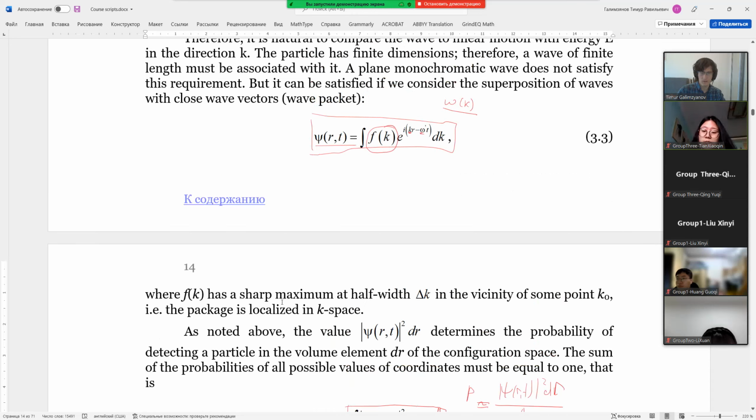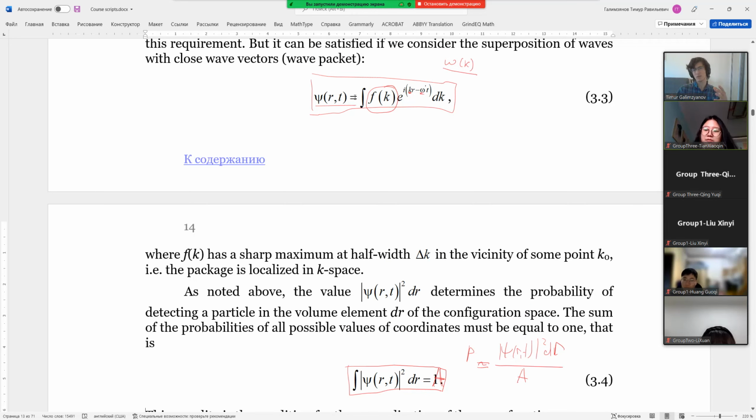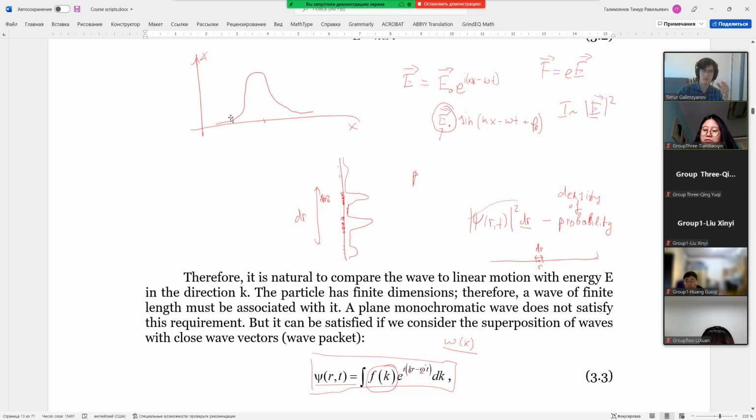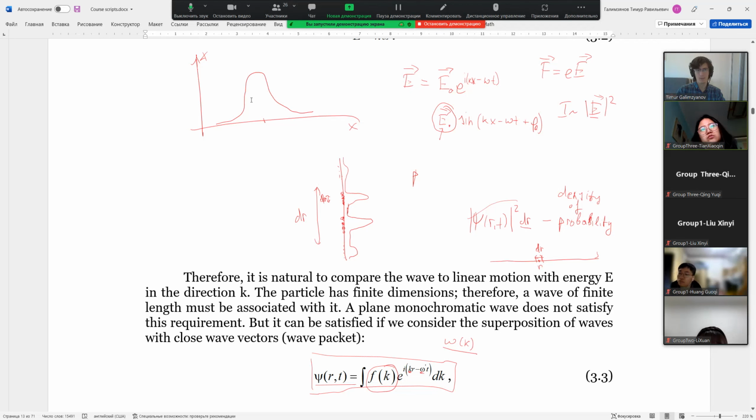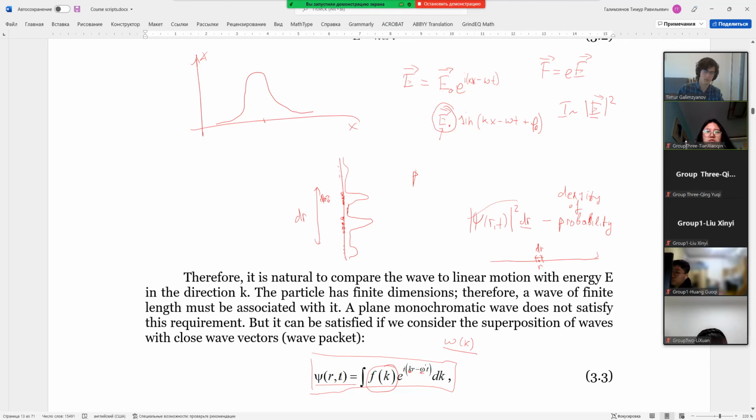So note another thing, that in this equation you can describe the wave packet. We call this a wave packet because it's the sum of plane waves. It's a kind of packet of waves, and this wave packet can be described equivalently by the function psi, a function of coordinate and time, or by the function f with the distribution of the amplitudes of the plane waves, whose wave vectors are k.